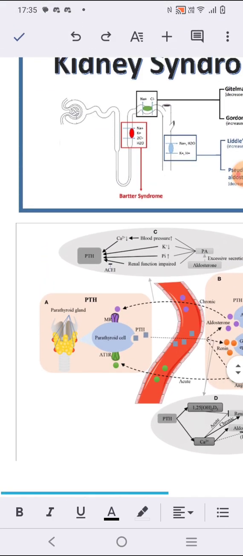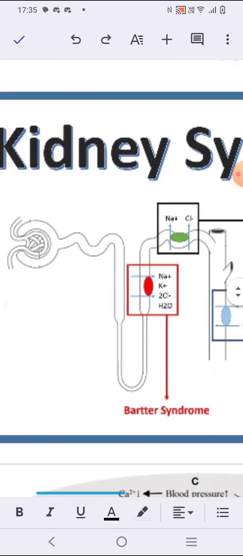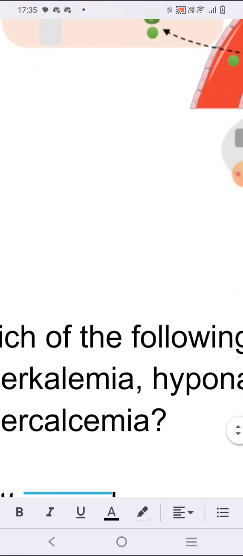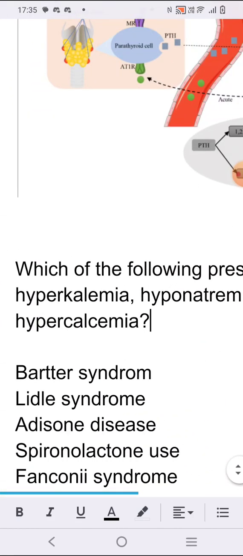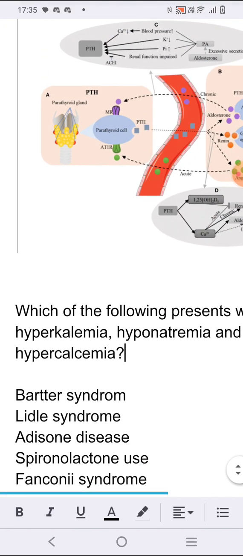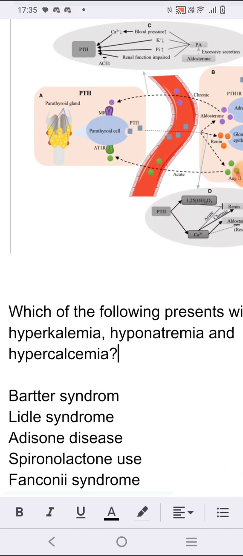Fanconi syndrome is actually damage of our proximal convoluted tubule, where most of the reabsorption of electrolytes and proteins is going on. So when you damage this proximal convoluted tubule, you lose everything, right? Potassium and calcium will go down in this case. So Fanconi syndrome is the wrong answer here as well. Our answer here is Addison disease.